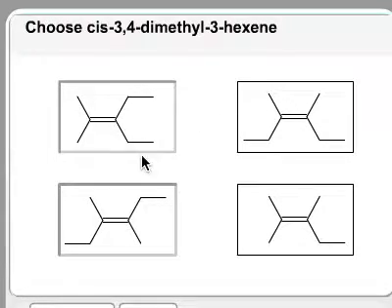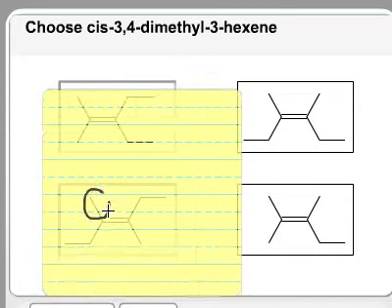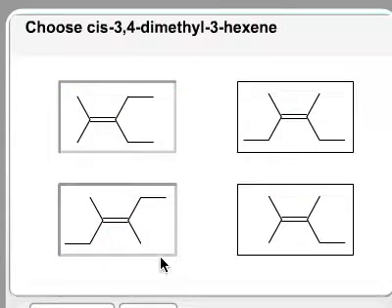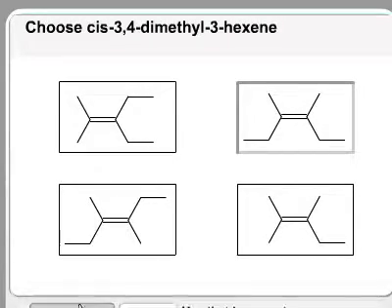But the difference between these two is something we did not talk about, and that's cis and trans. Cis, you're on the same side of the molecule, so these two methyl groups are on the same side in this molecule, and in this molecule, they're on opposite sides, and that's what trans fats mean, that you have that opposite side situation going on. So let me reset, and we're going to pick this as our answer.